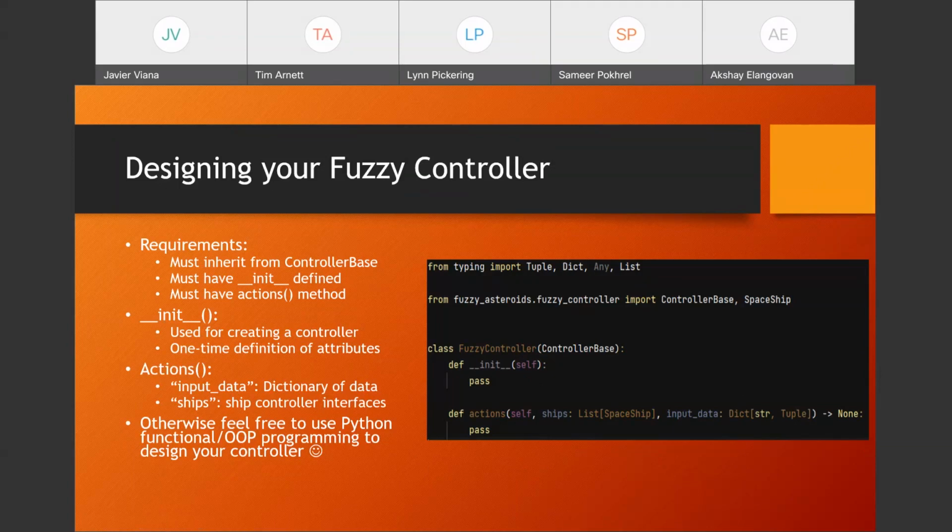I'll go through an example of that in a second. And then in actions, you want to use input data to be fed into your FIS, and then the output will give some control value to ships, which is the interface for all of the ships, whether that is moving, turning, shooting, doesn't matter. Your goal is to simply get a fuzzy controller up and running inside of the environment using fuzzy controller.